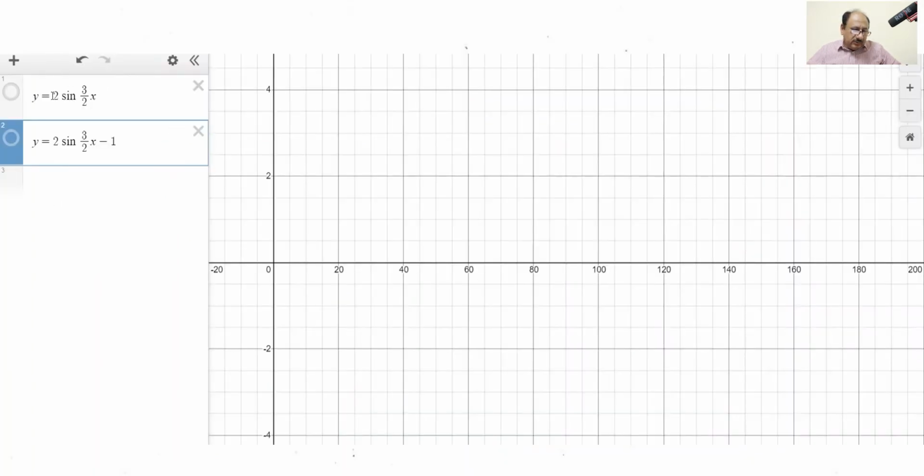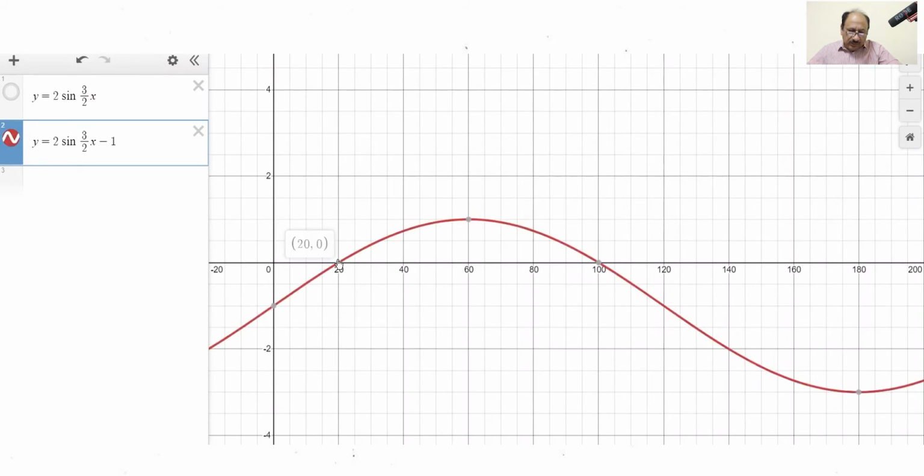So this is the graph y is equal to 2 sine 3 by 2x. If we check this one, basically our graph is 2 sine 3 by 2x minus 1. So I will plot this one, and you can see the points of intersection. This is the y intercept, this is the x intercept, and this is at 60.